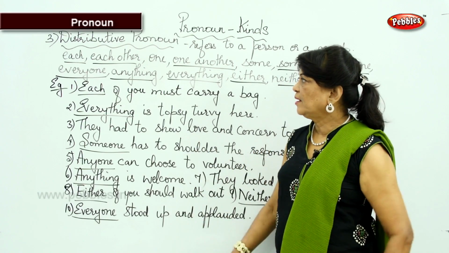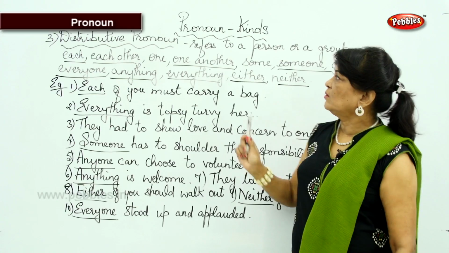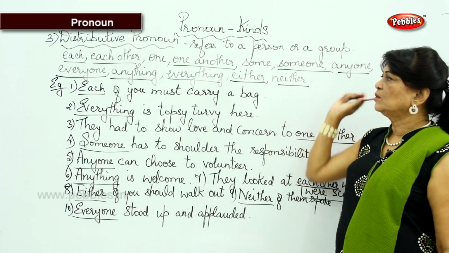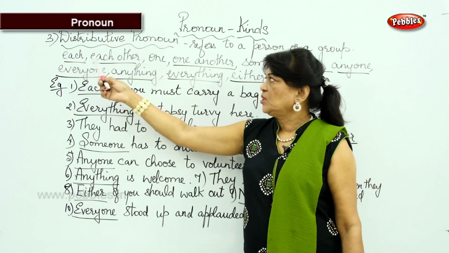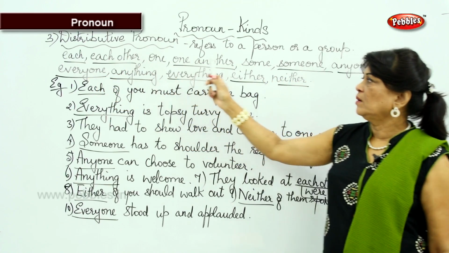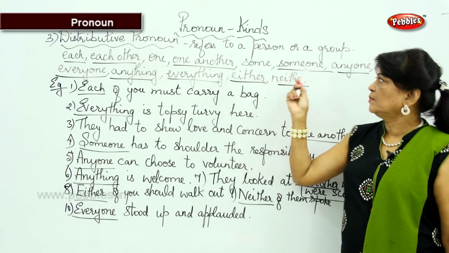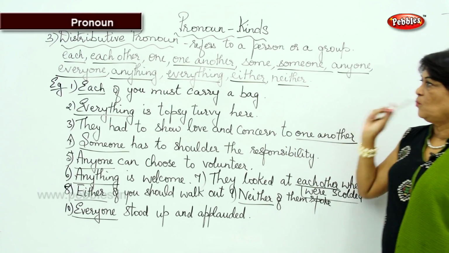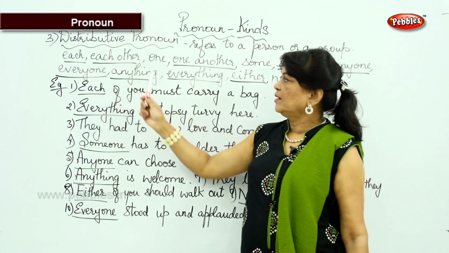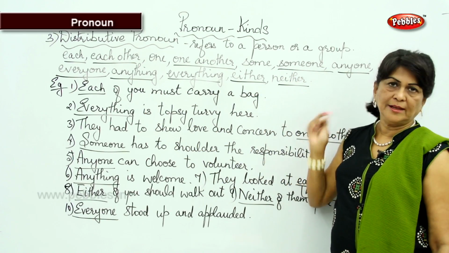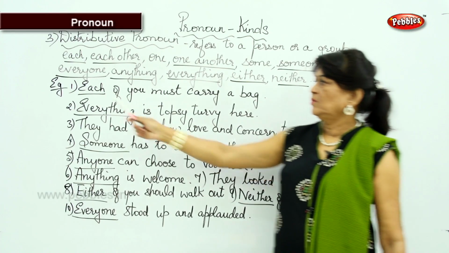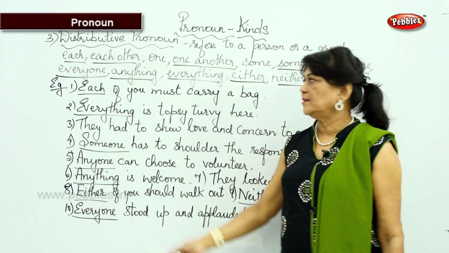Shall we go through it now? Distributive pronoun refers to a person or a group. And what are those? Each, each other, one, one another, some, someone, anyone, everyone, anything, everything, either, neither. Now I am going to read out the sentences.